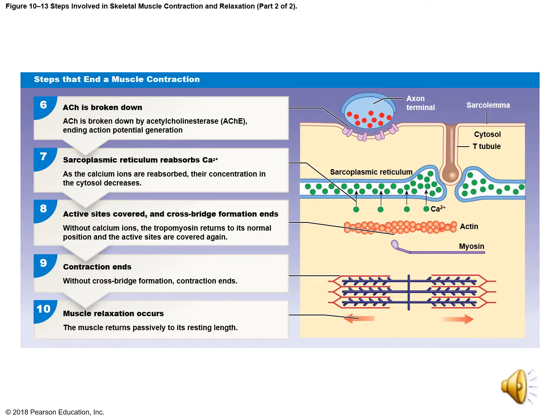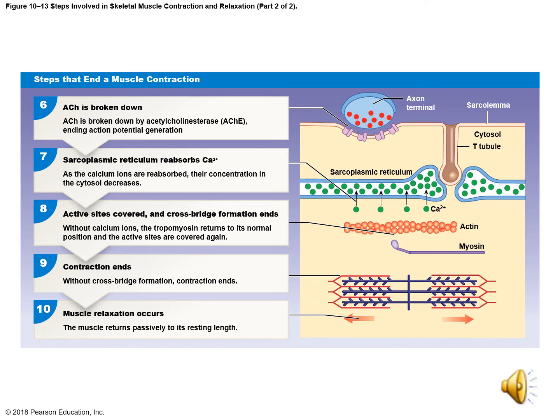The final step in the contraction is ending it. This is called the relaxation period after the muscle contraction stops. A number of things have to happen. First, the neuron has to stop the action potential production. Then the acetylcholine that was out in the synaptic space has to be broken down by acetylcholinesterase or picked back up so we can stop action potential generation on the muscle fiber.